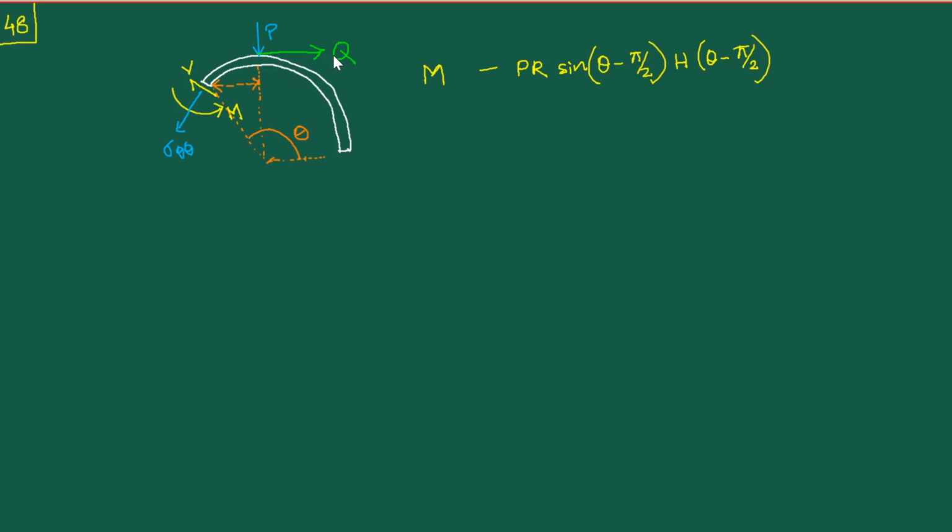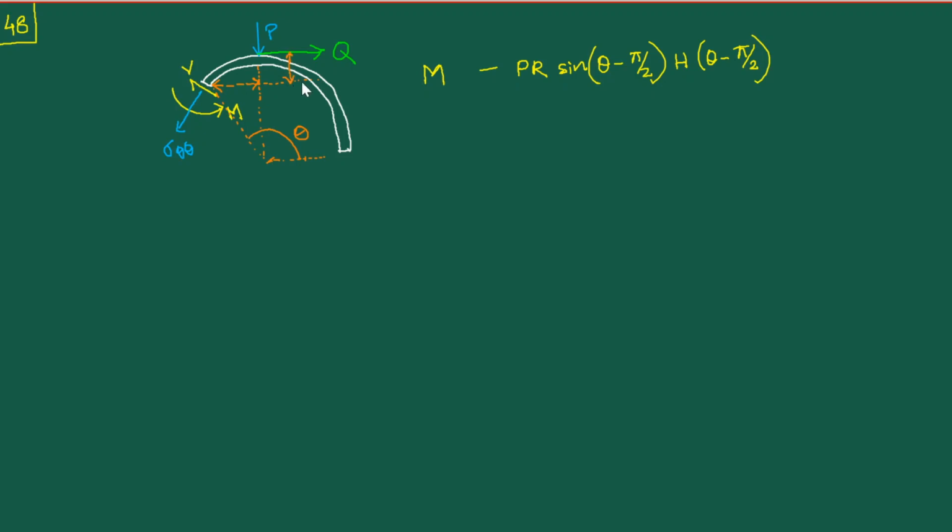Now we have to consider the contribution to the moment due to this force Q, this fictitious force Q, which will ultimately be set equal to 0, about an axis passing through this end. This time you note that the moment arm for this force Q is this distance. Earlier it was that distance for the force P, and here, from this end, the moment arm is this vertical distance.